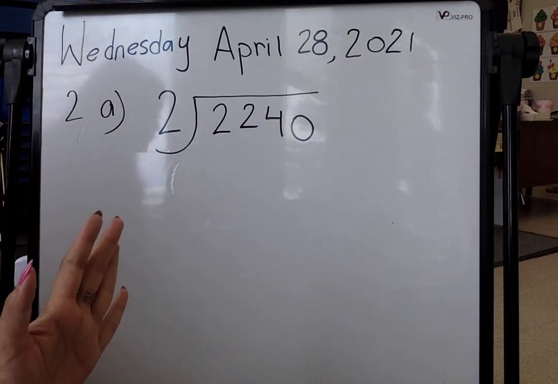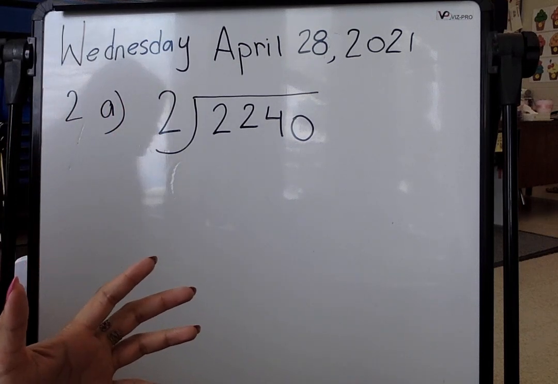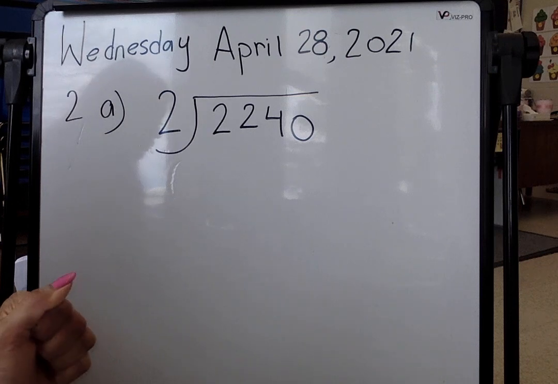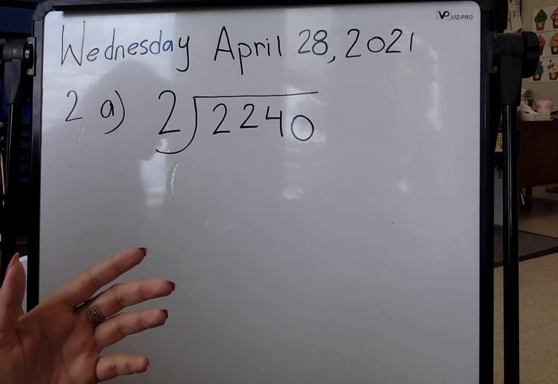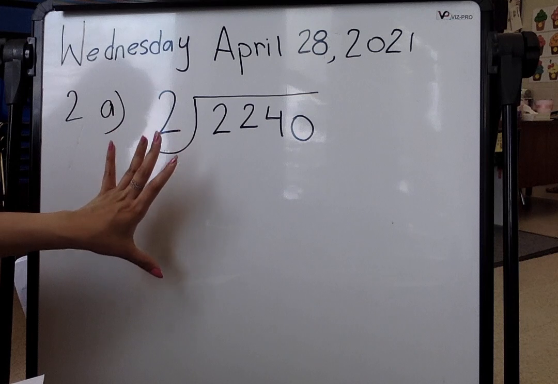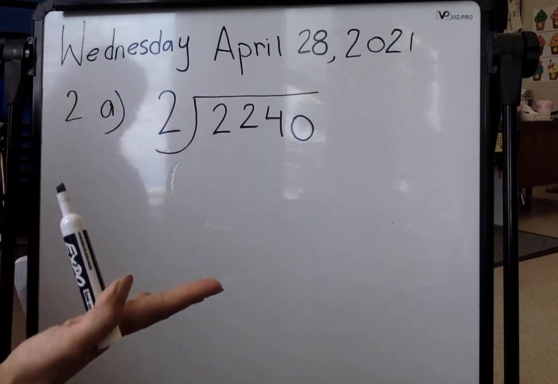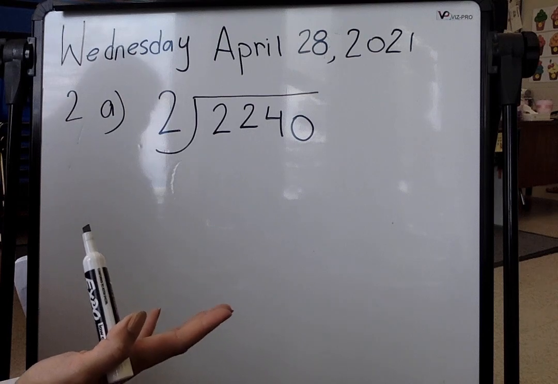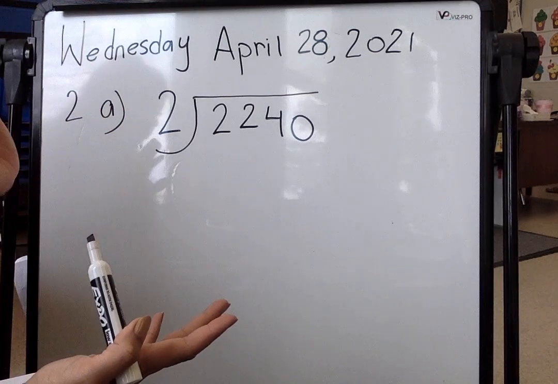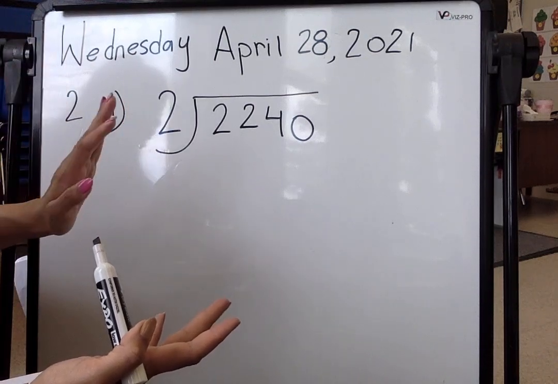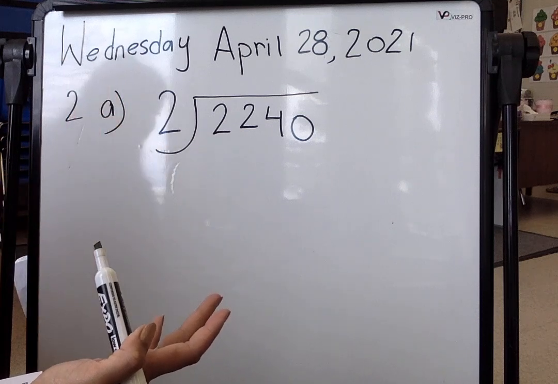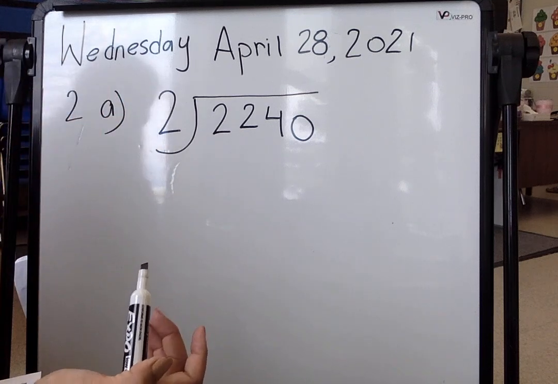Again, if you need to use your times table sheet, you can. However, I would encourage you to do these questions without using the times table sheet, because you do know your 2 times table very well. So you should be able to do these questions without looking at it. So let's go ahead and do this one, and then I'll have you do the rest on your own.